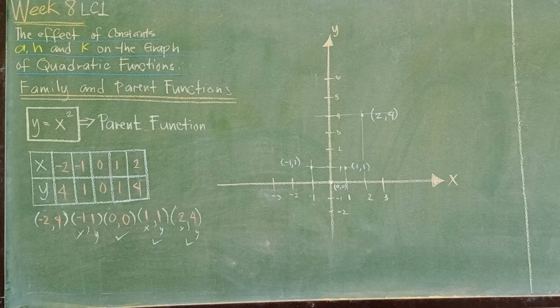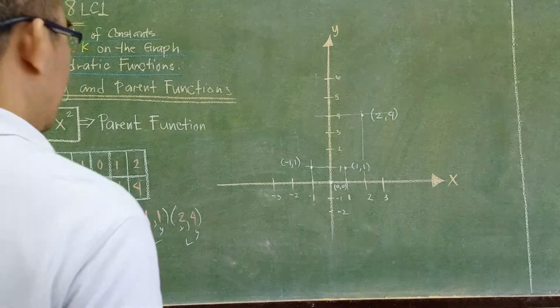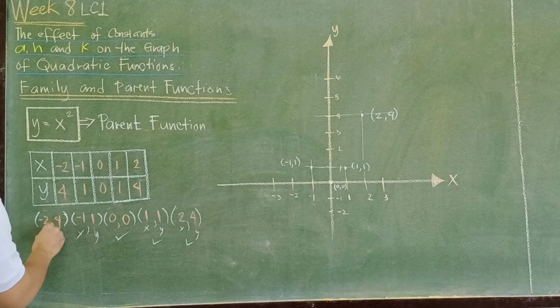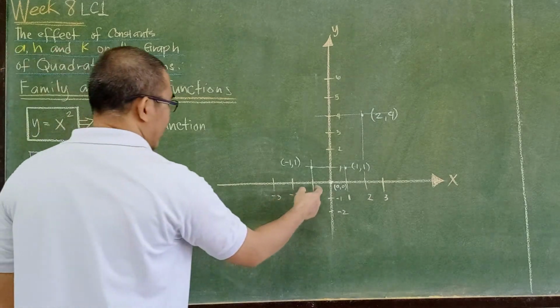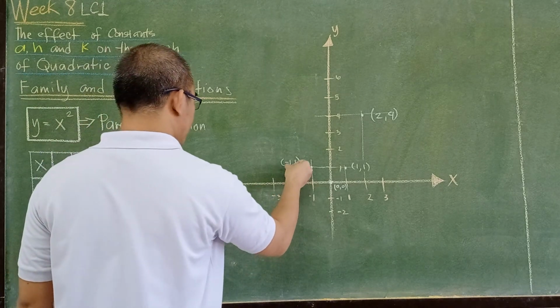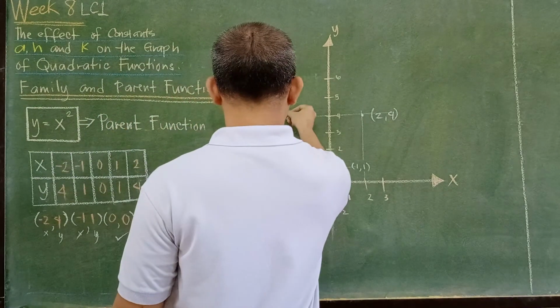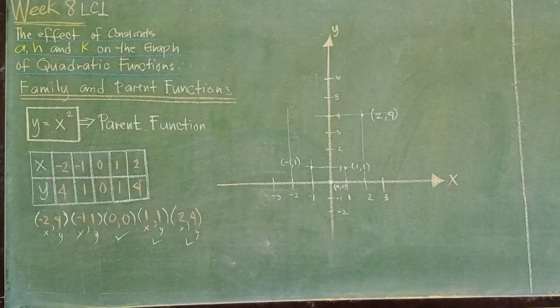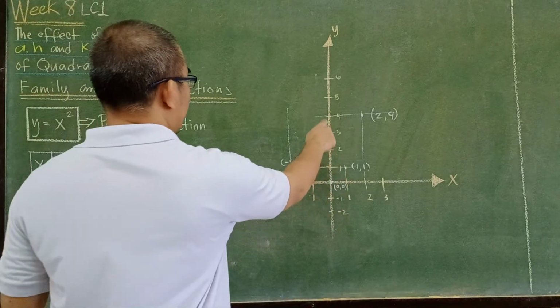Next, hanapin natin yung negative 2, 4. Hanapin mo yung negative 2 sa may x-axis. So negative 1, negative 2. So that's negative 2. And then positive 4 sa may y-axis. So ito yung positive 4.